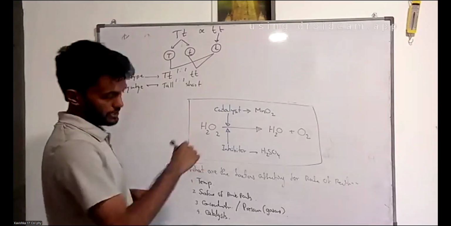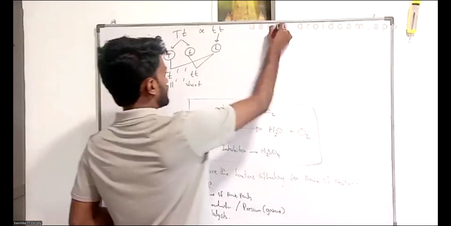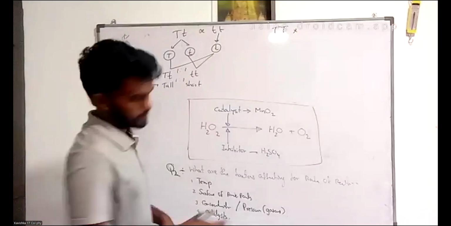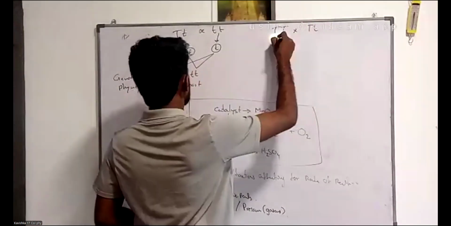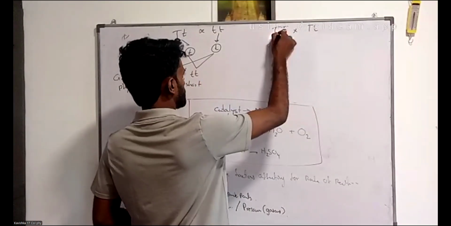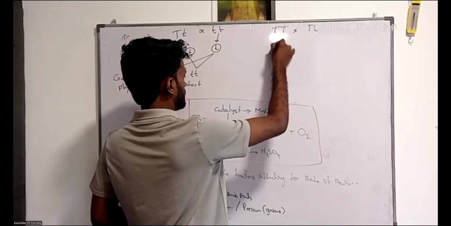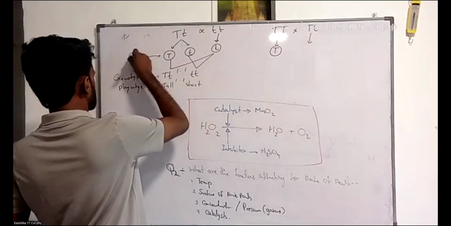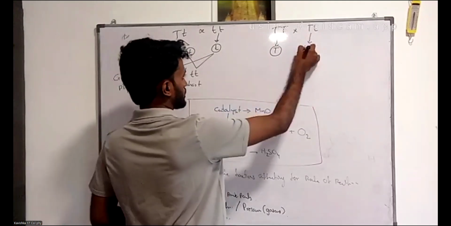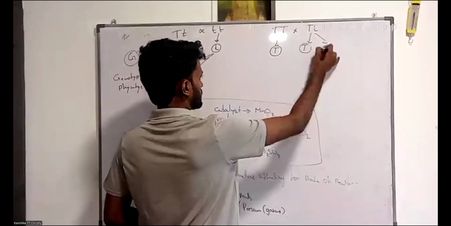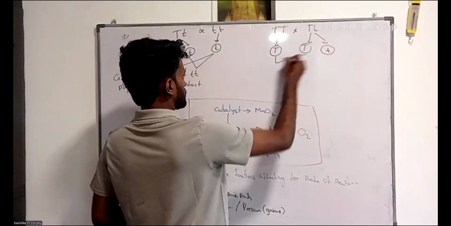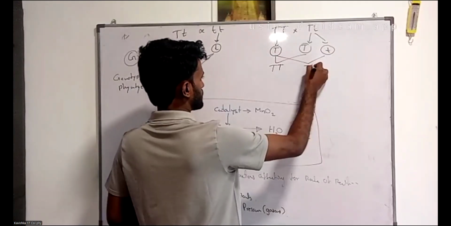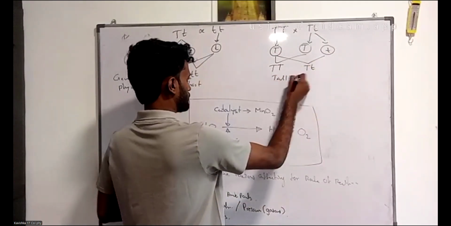And the second one, capital T simple T, and the other produces only capital T as gametes. So here capital T and simple T, and the offspring are capital T capital T and capital T simple T. So both are tall.